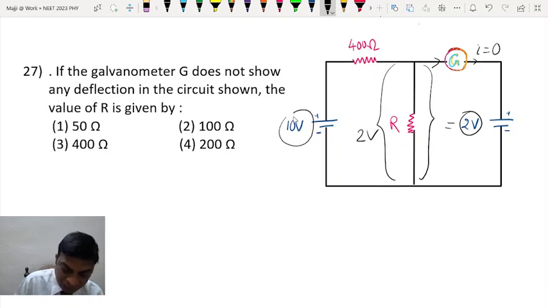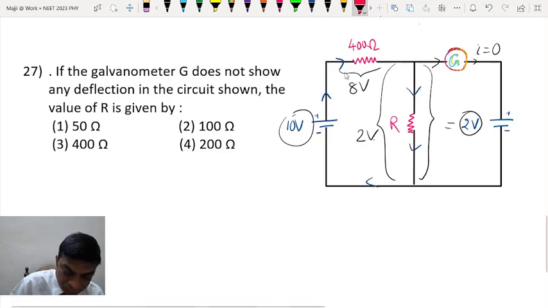So out of this 10 volt, 2 volt appears here, and the remaining 8 volt appears across this. So current must be flowing in this way.